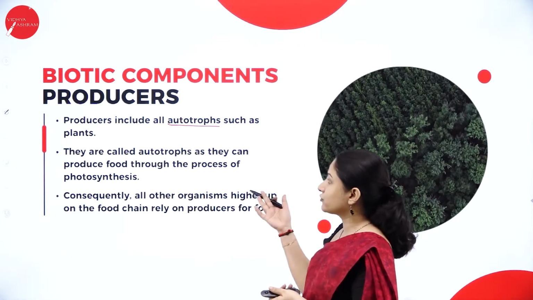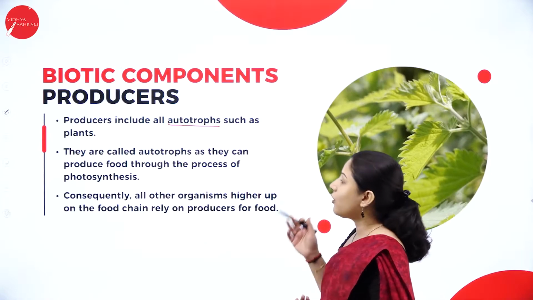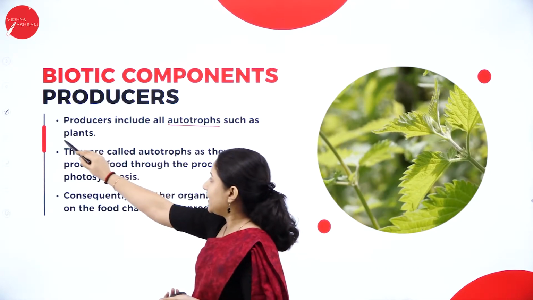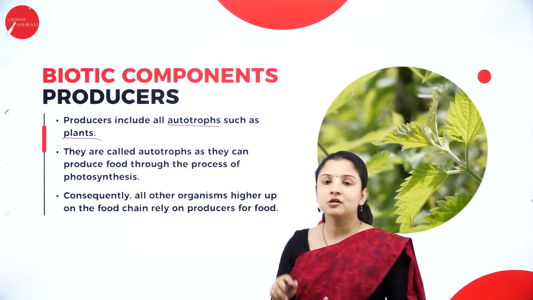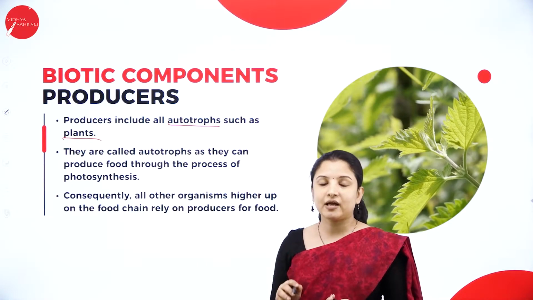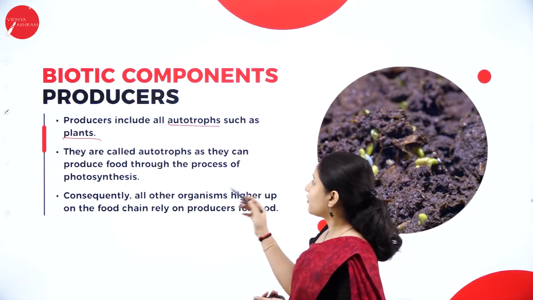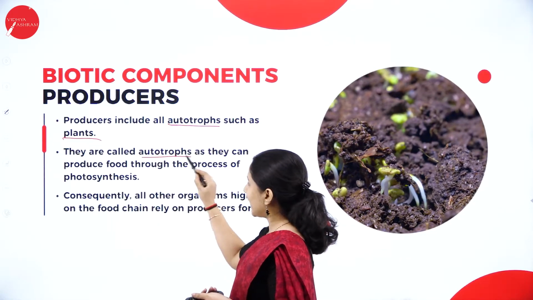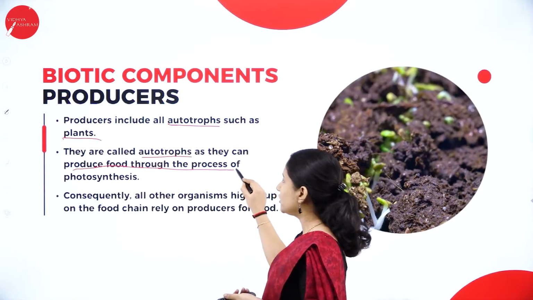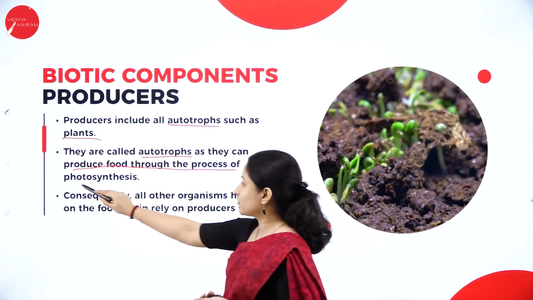So therefore, they are autotrophs. Producers include all autotrophs such as the plants. All the green plants, or all the plants in the world, come under the producers. They are called autotrophs as they can produce their own food through the process called photosynthesis.